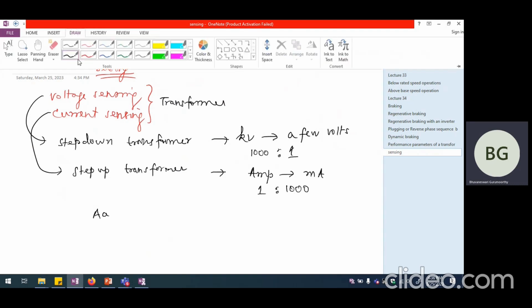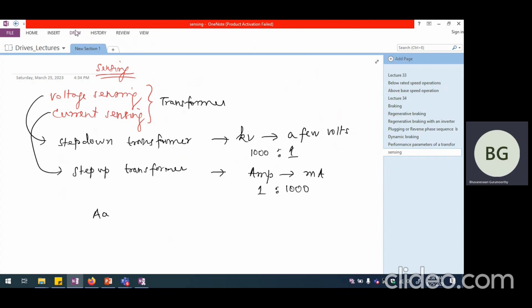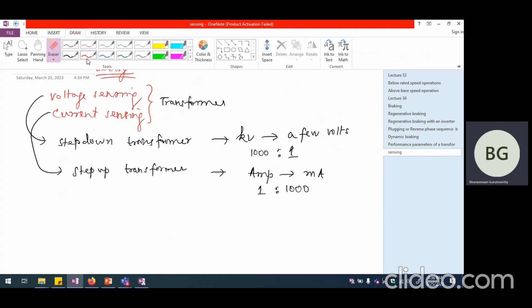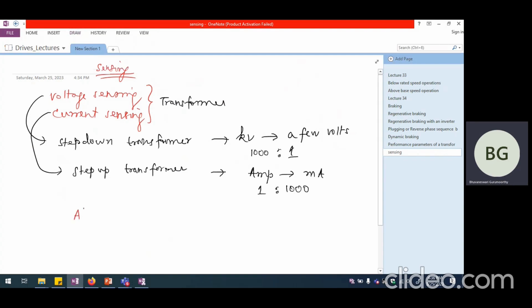In either case, it can be done only for alternating quantities. That is, I can use a transformer only for sensing alternating current or alternating voltage. Whereas if it is DC, it is not possible for me to use a transformer.